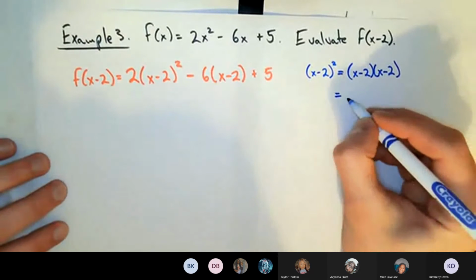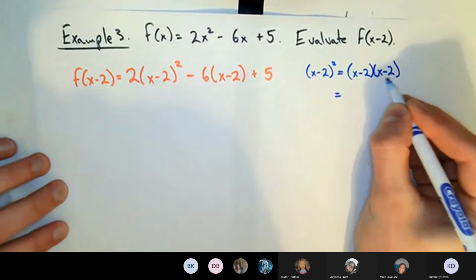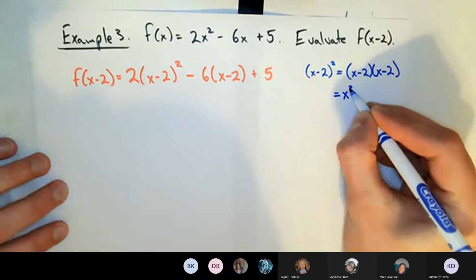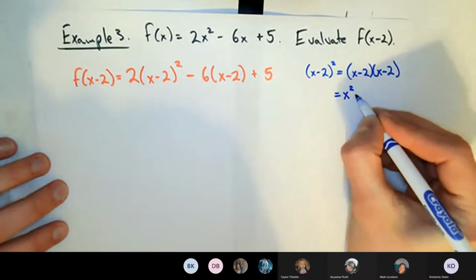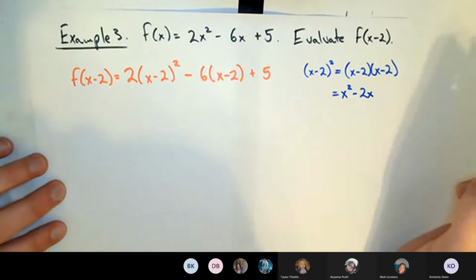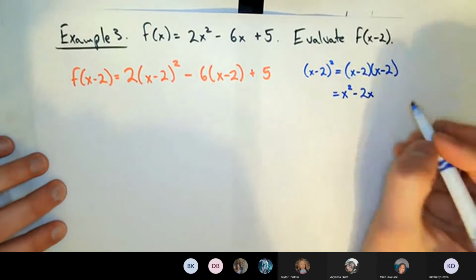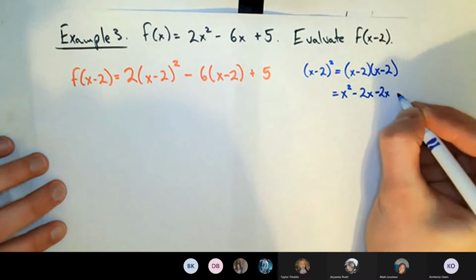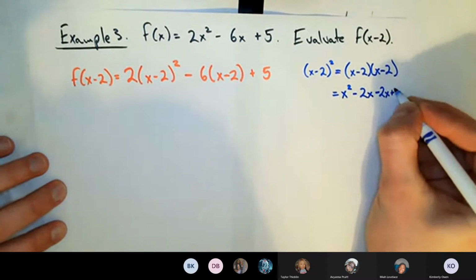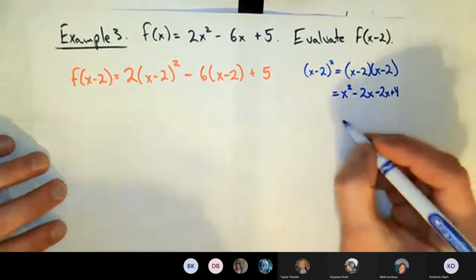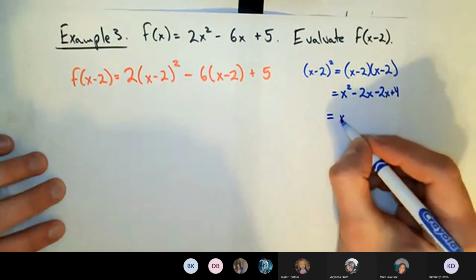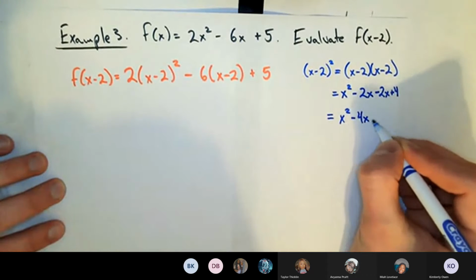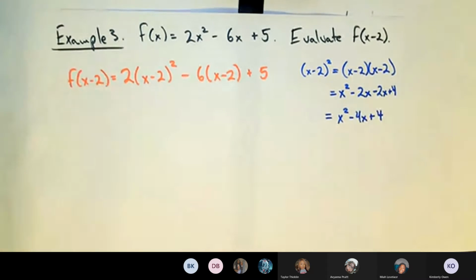We're going to say x times both of these, so the first one is x squared, and then x times negative 2 is negative 2x. I didn't give myself enough room here. There's going to be another negative 2x, and then finally negative 2 times negative 2 is positive 4. And that's giving me x squared minus 4x plus 4.